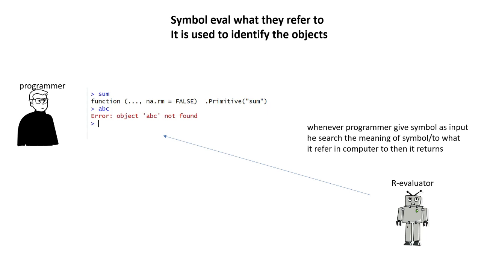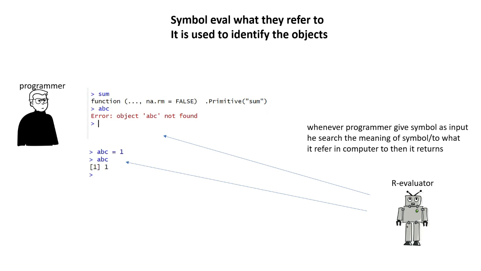So it returns a function to you. Suppose you type randomly something like ABC and give this input to R. R doesn't know its meaning. After all, it sees this symbol ABC for the first time. That's why it returns an error.